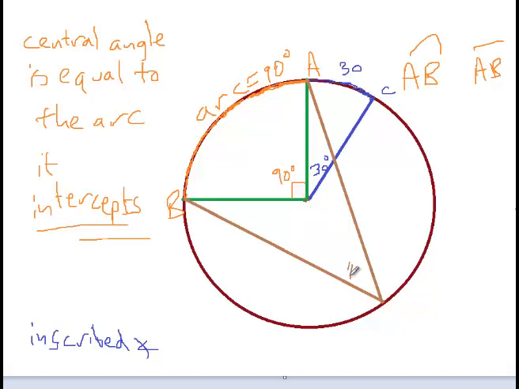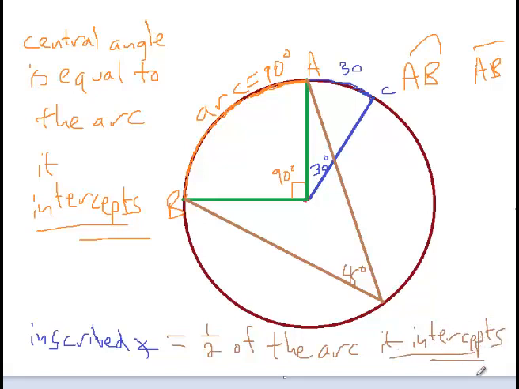So that's going to be 1/2 of the 90, and therefore this is going to be 45 degrees. An inscribed angle is equal to 1/2 of the arc it intercepts. That's the second rule regarding arcs and angles within the circle.